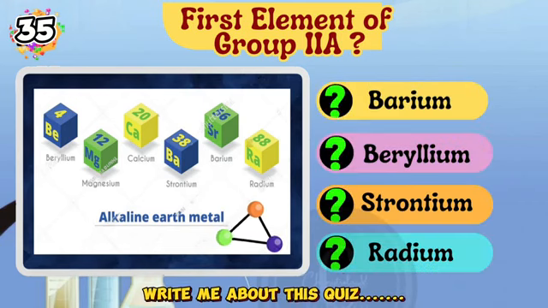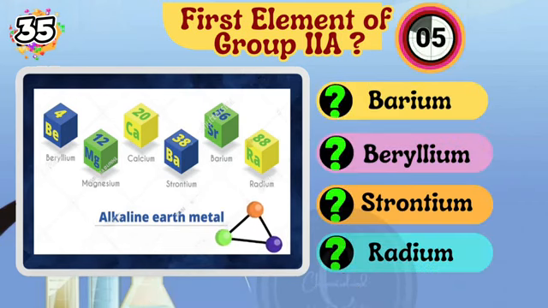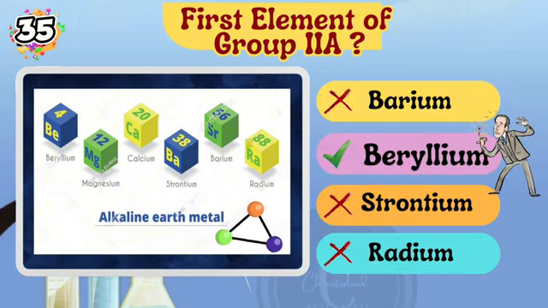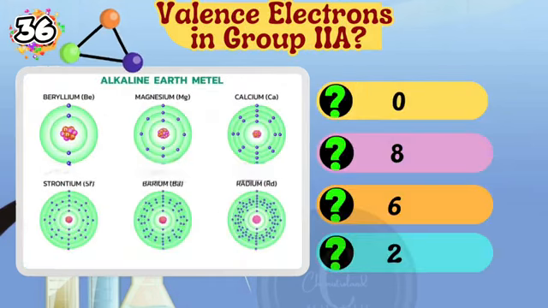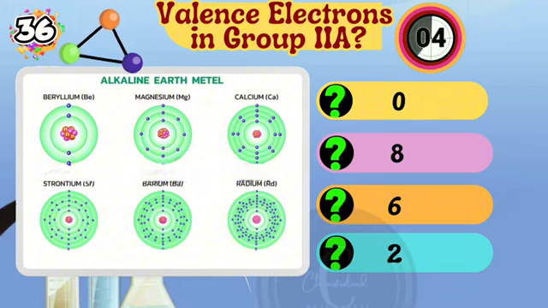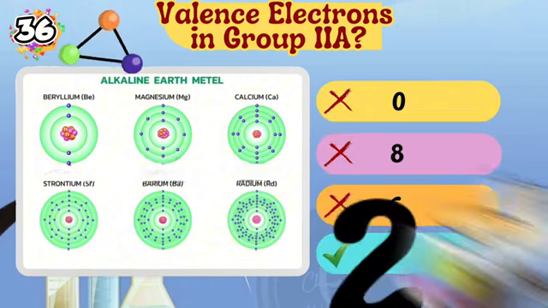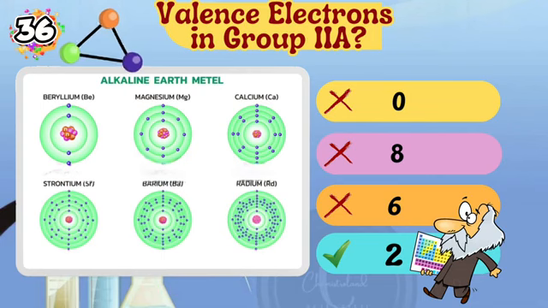Can you guess the first element of group 2A? Beryllium is the first element of group 2A. Number of valence electrons in group 2A are... they contain 2 valence electrons.